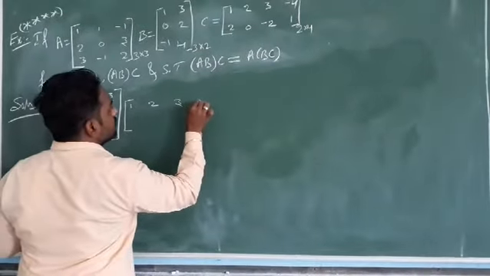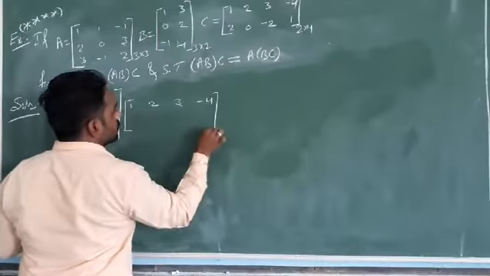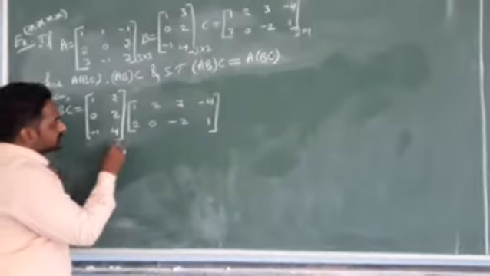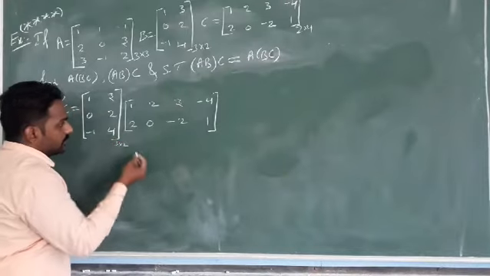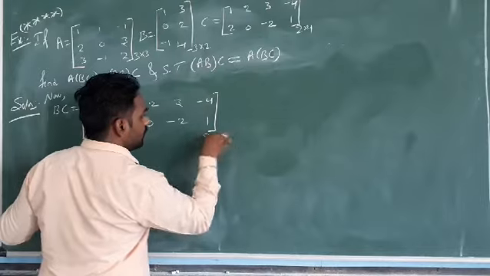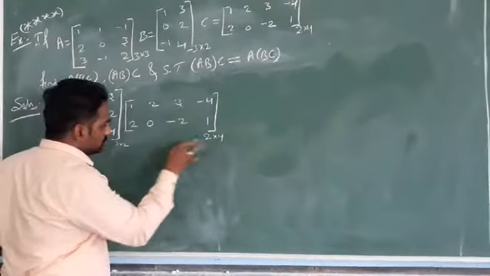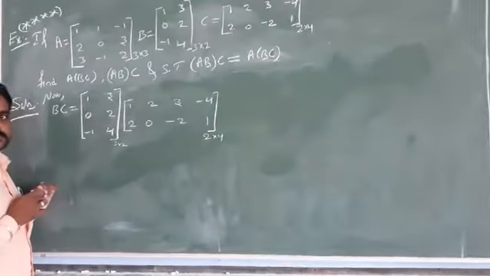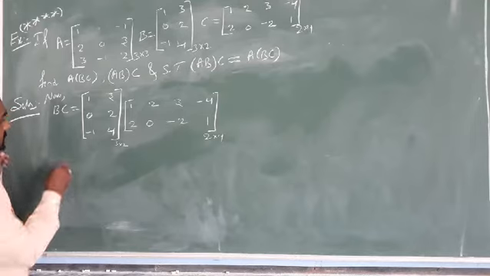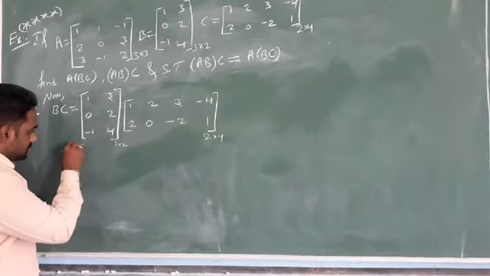That is 1, 2, 3, minus 4. 2, 0, minus 2, 1. So this is of the matrix order 3 by 2. This is of the matrix order 2 by 4. So these two are equal here. So obviously we will get the 3 by 4 matrix. So what is the answer here students?